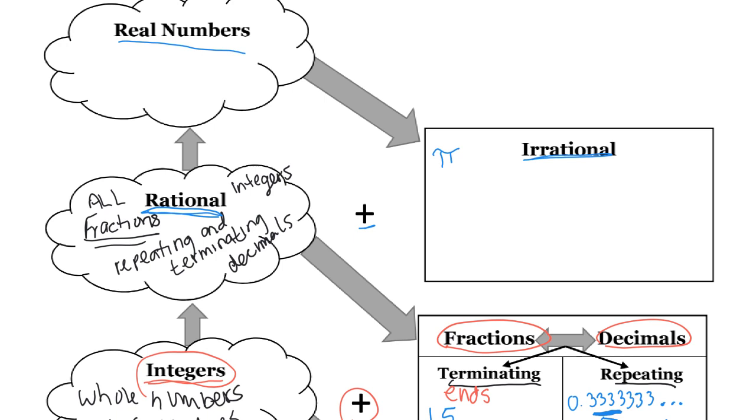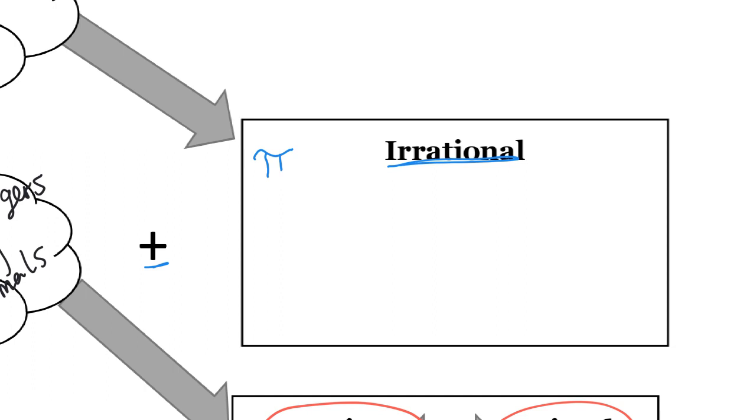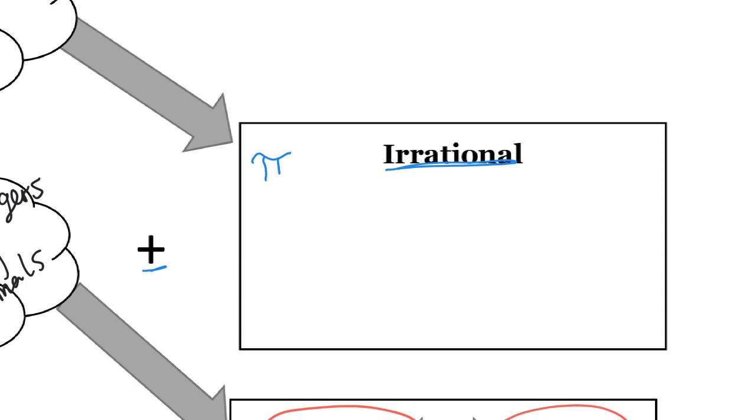So I have to zoom in a little bit because these are a lot of words. You're going to want to write kind of small for this one because we're going to want examples and written stuff. If it helps, maybe draw a line down here. So irrational numbers are non-repeating, so they don't repeat, and non-terminating decimals.